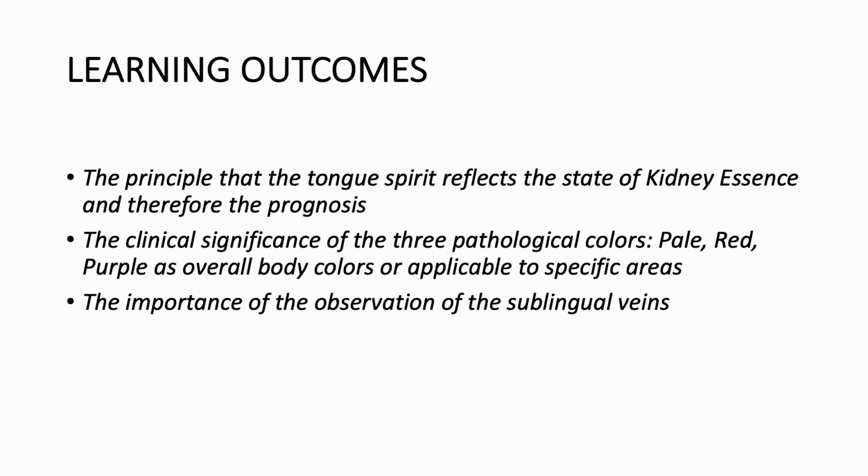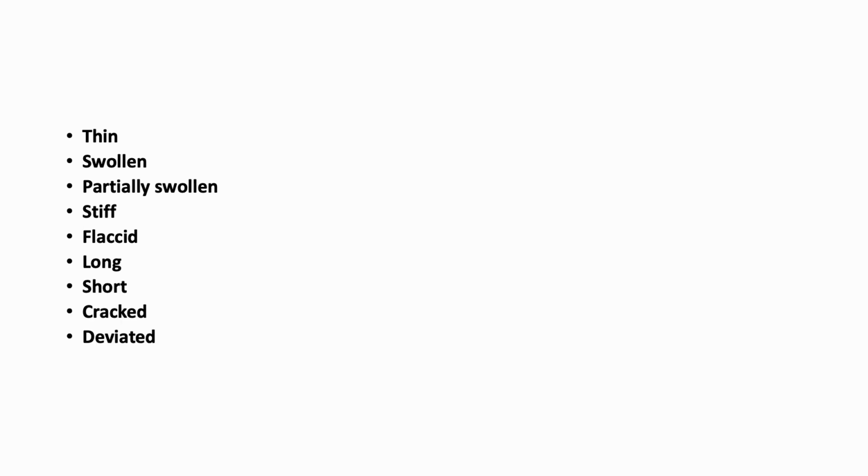The importance of the observation of the sublingual veins. Tongue body shape. In this topic, we shall cover thin, swollen, partially swollen, stiff, flaccid, long, short, cracked, deviated, moving, quivering, and tooth-marked tongues.